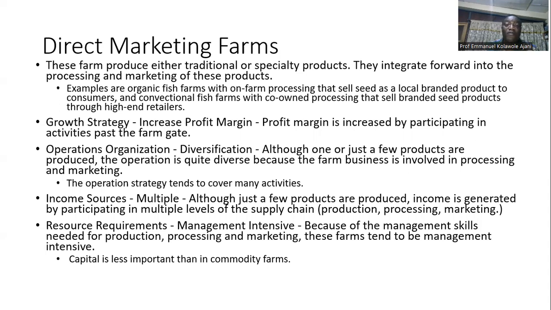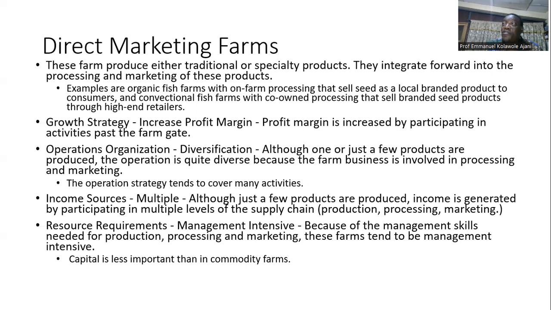What they do is that they process their product and market it. For example, a good example is an organic fish farm with on-farm processing that sells its product as a local branded product to consumers, or a commercial conventional fish farm with co-owned processing that sells branded fish products through high-end retailers.